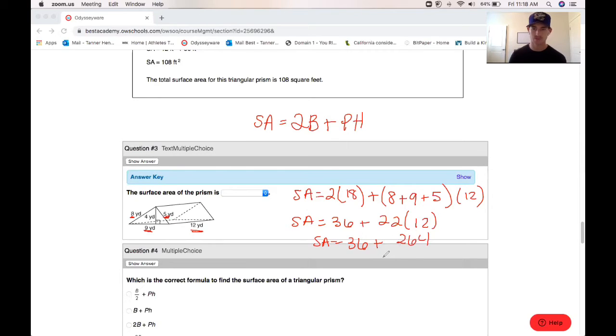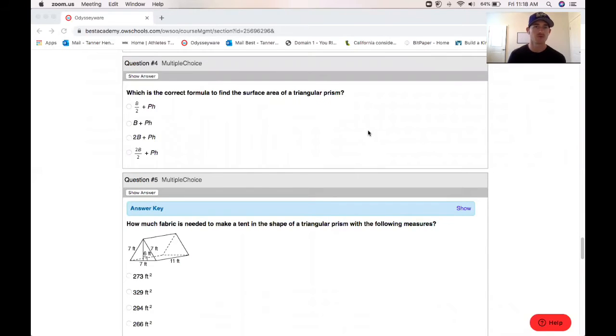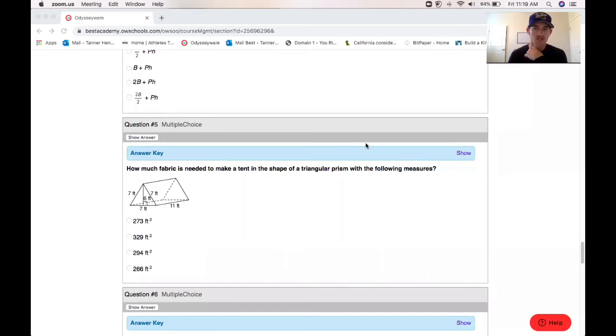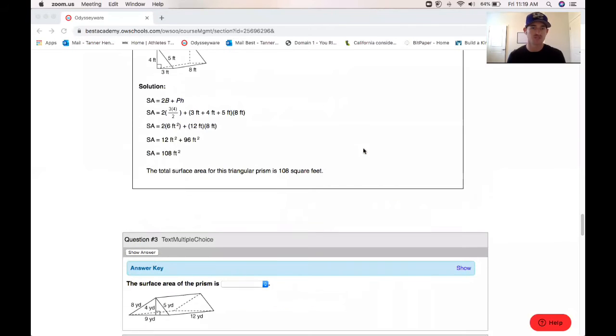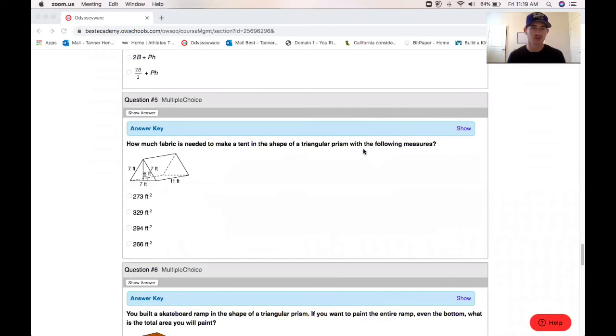Add those up. Surface area is going to equal 300, and then yards square. Number 4, I want you guys to do on your own. It's just asking what the formula is. And number 5 is going to be the same thing as we did with number 3. So you can do that one.